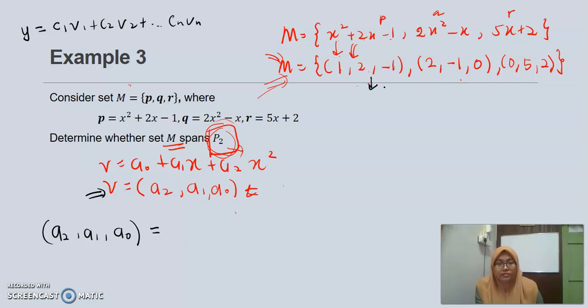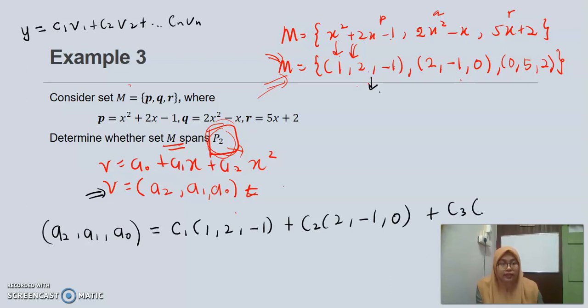So this is my first vector v1, the vector p. So c1, any constant, multiply with the vector 1, 2, negative 1, plus c2, multiply with the second vector 2, negative 1, 0, plus c3, the third constant, multiply with 0, 5, 2.